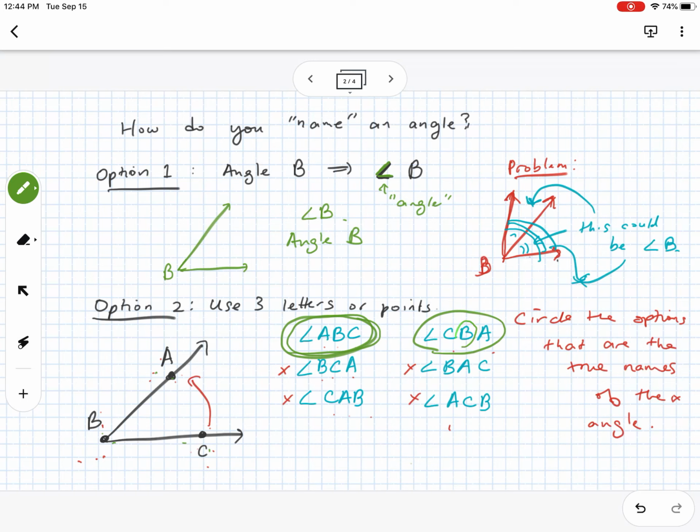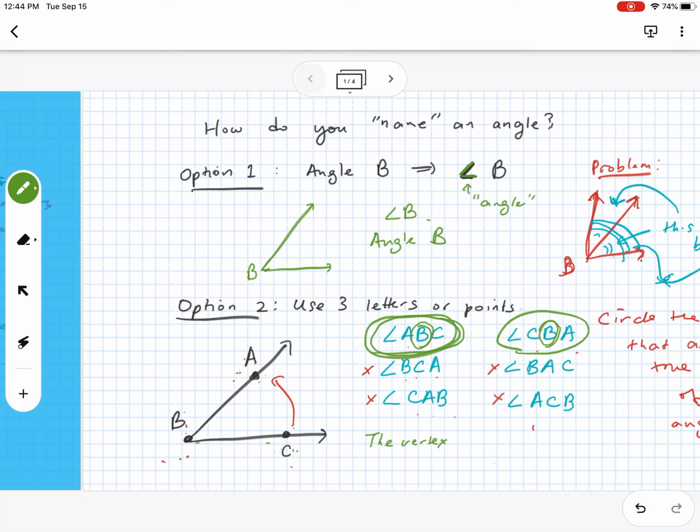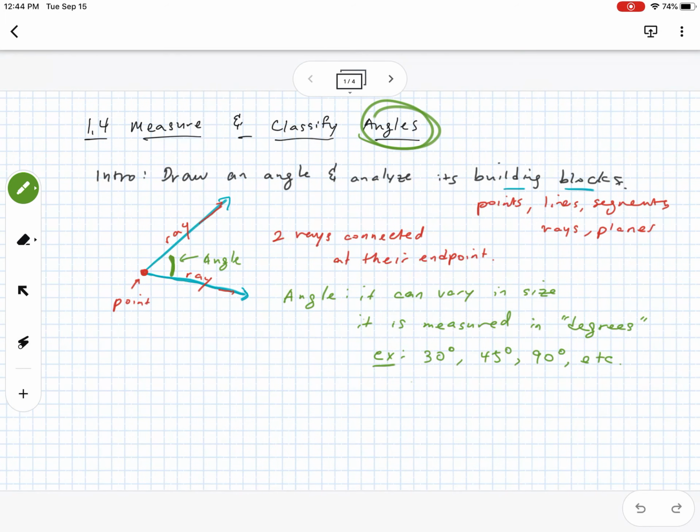Okay, and so what do we notice here? Did I use the word vertex here? Oh, I didn't. Okay, so just to backtrack a little bit on our notes, this angle is called the vertex.